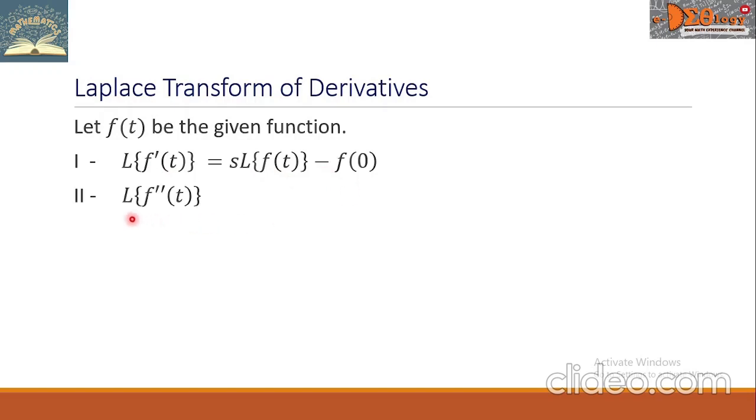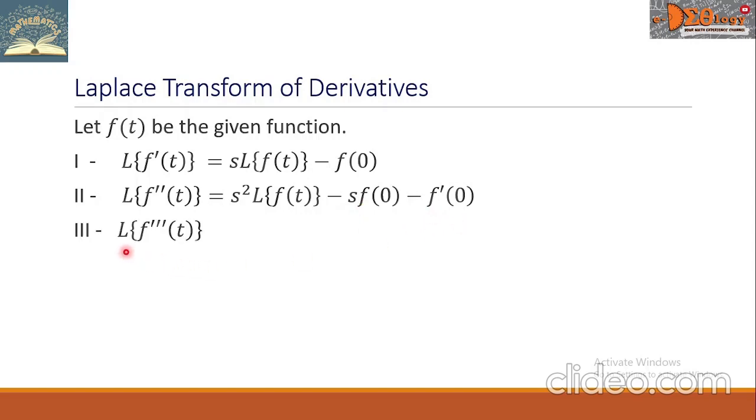Next, Laplace transform of f double prime of t equals s squared times Laplace transform of f of t minus s times f of 0 minus f prime of 0.